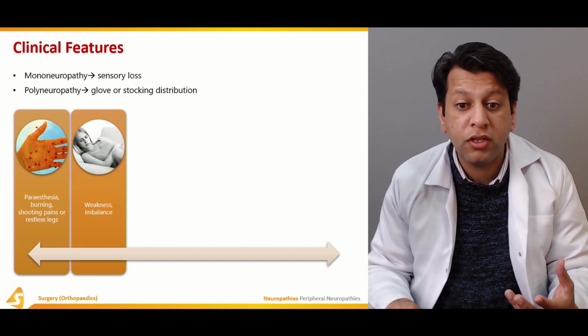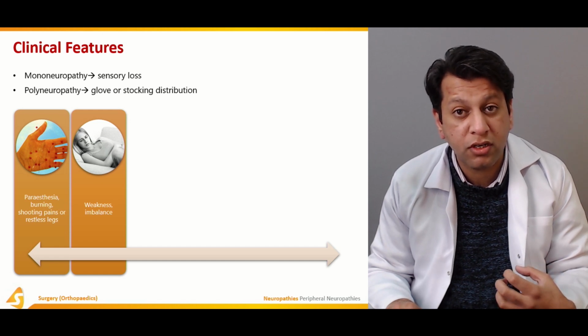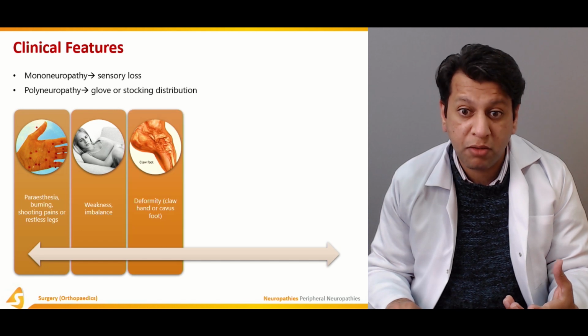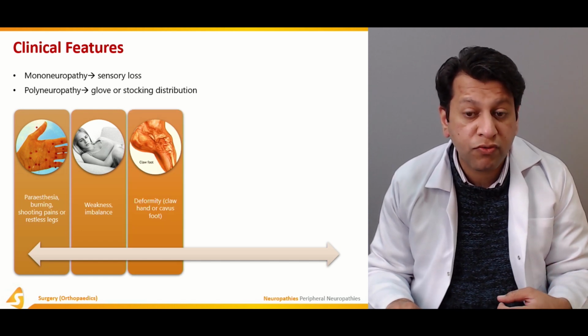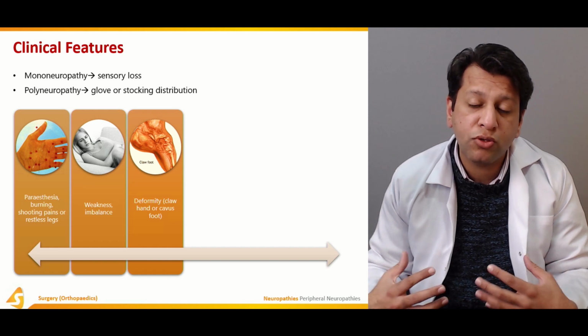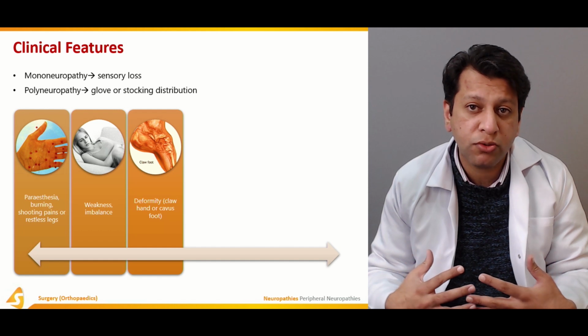Another feature is weakness of the muscles, because these muscles show degeneration and denervation, which may be associated with imbalance. There may be a deformity such as claw hand or cavus foot. This is because once the muscles undergo degeneration, they usually result in fibrosis.